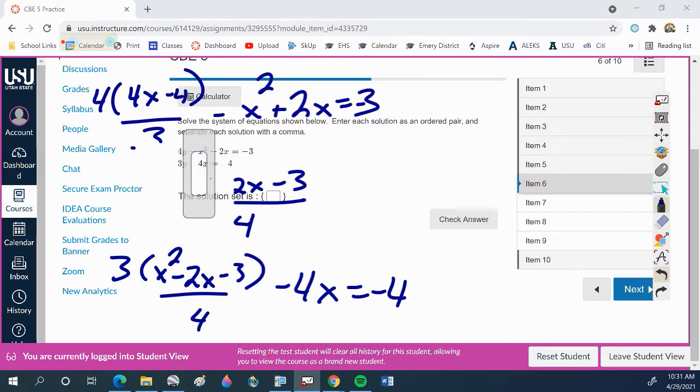Could we use elimination? Could we eliminate the x's? No. I could eliminate the x, but not the x squared. Could I eliminate the y's? How would you do that? Times the top by 3 and the bottom by negative 4.